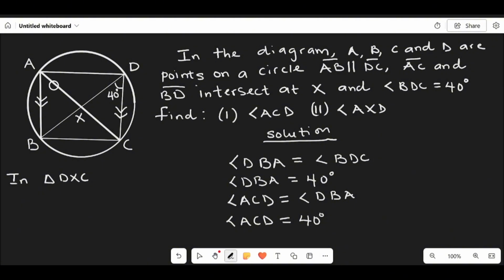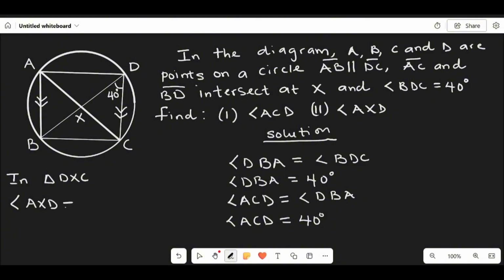So it means that our angle AXD is equal to our angle XDC and angle XCD.